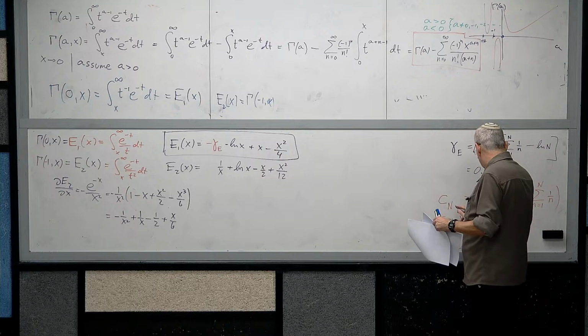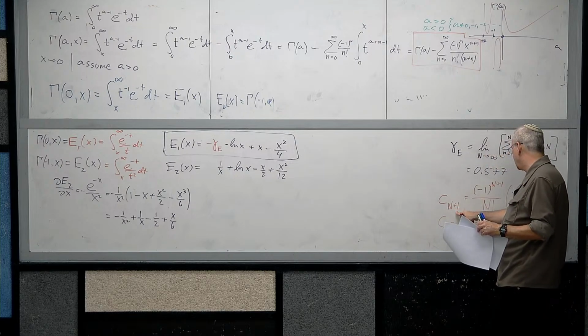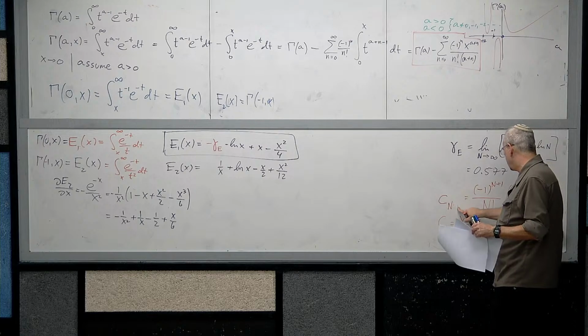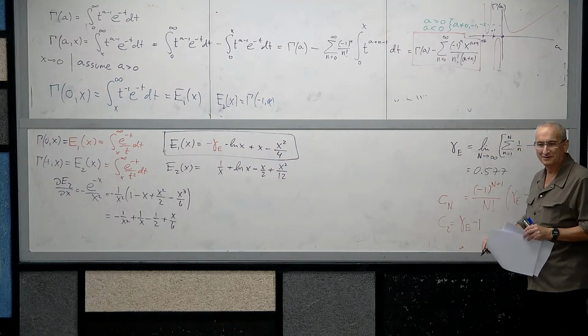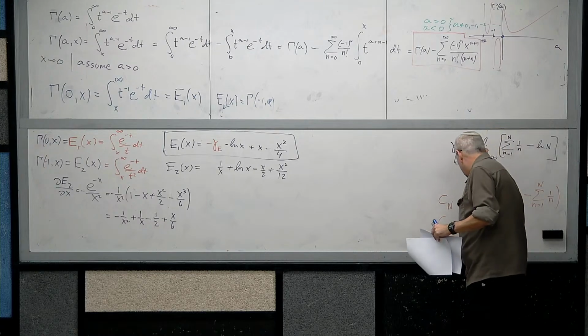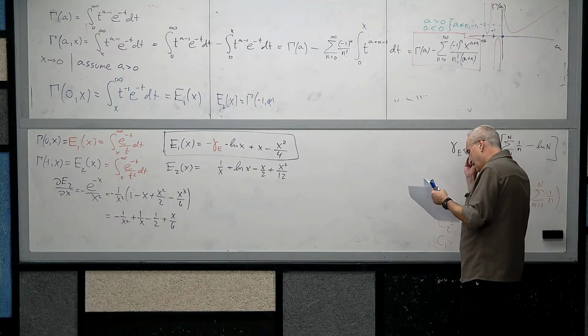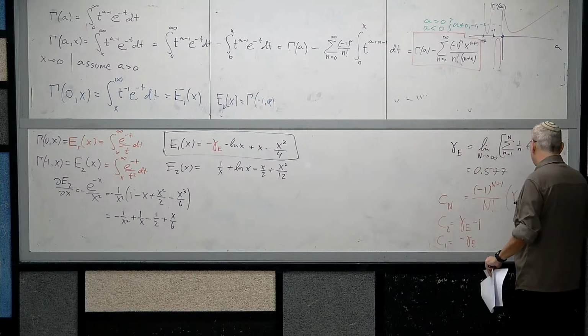So this is C of n plus 1, I guess. Wait. This is actually C2. C2 is gamma Euler minus 1, C1 is minus gamma Euler. So let's see.